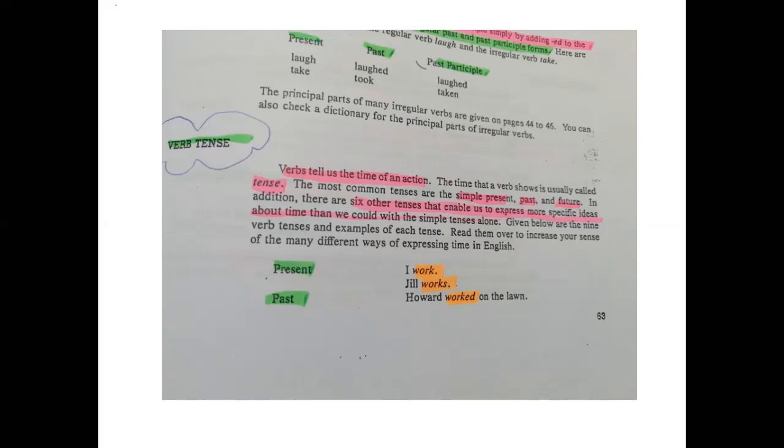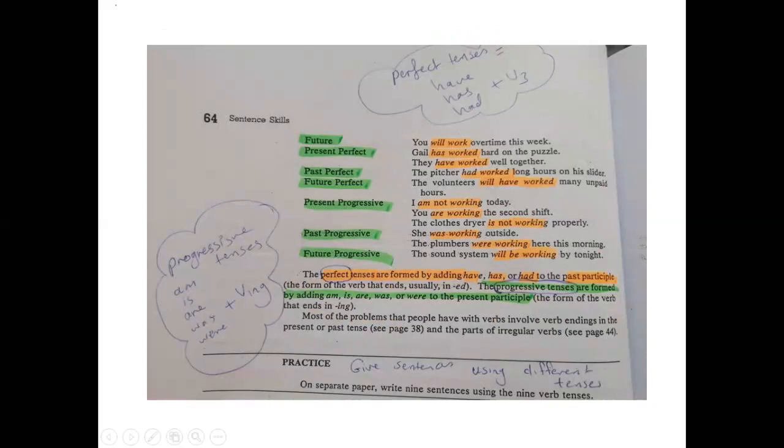Now the past tense, all the verbs are the same. So Howard worked, he worked, she worked, it worked, they worked, the children worked. It doesn't change. It's not problematic like the present tense, okay? Now the future, usually with will, and there are many other varieties for the future, but here, just to make it simple, with will. So you will work overtime this week.